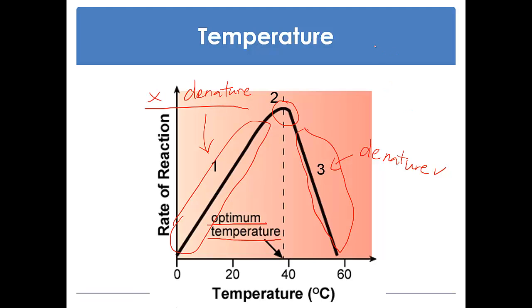By the way, you would never say the temperature or the pH value kill the enzyme. You never say they are killed, because enzymes themselves do not have any life, so you can't say kill. You've got to say denature for high temperature or too extreme pH value.